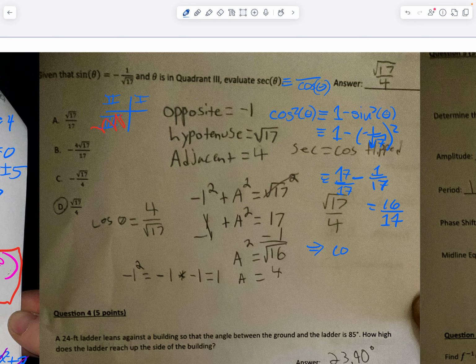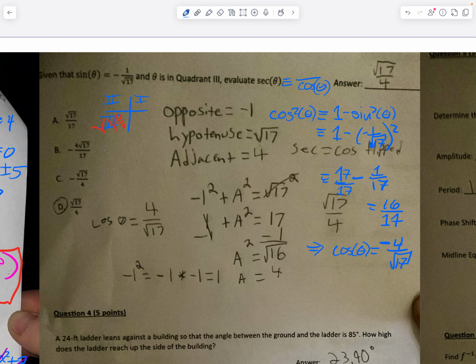Therefore, cosine is square root of 16 over the square root of 17, but is it plus or minus? Well, if the angle is over here, cosine has to be negative, so let's put that minus in there.